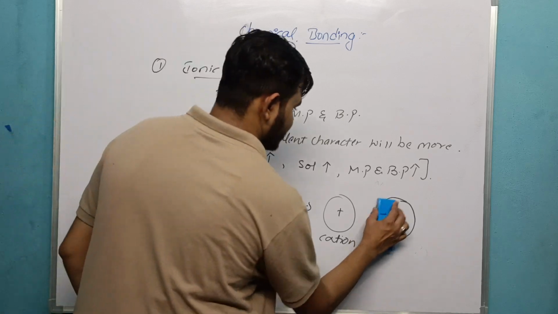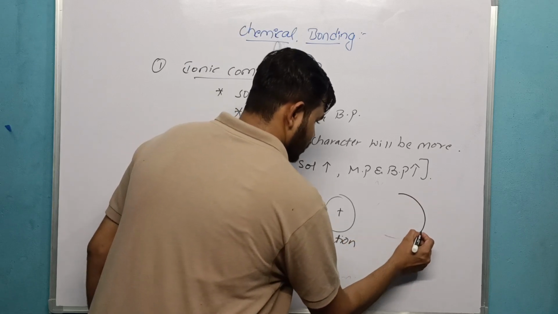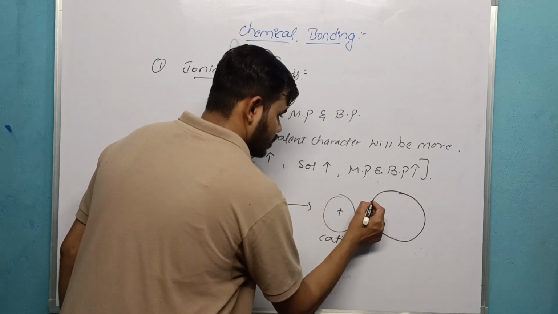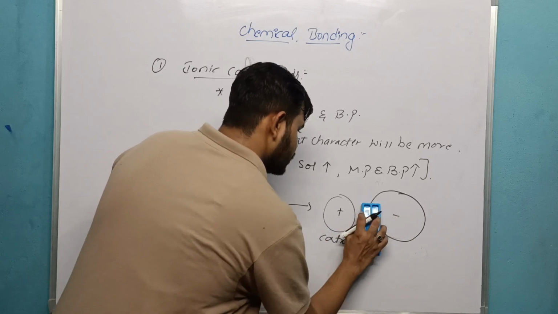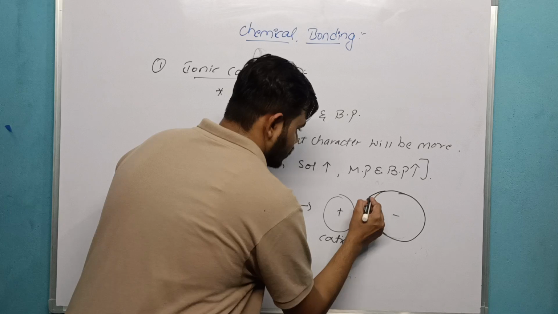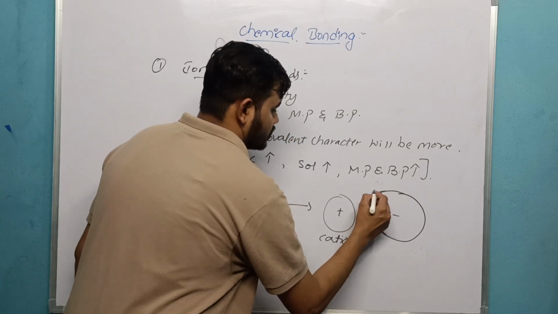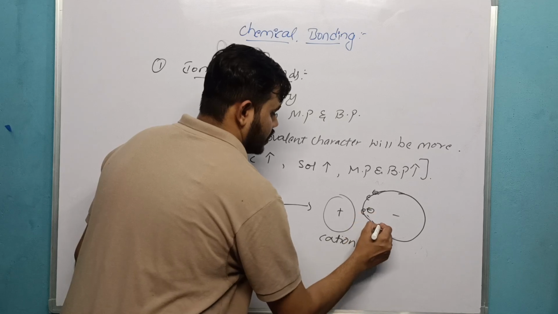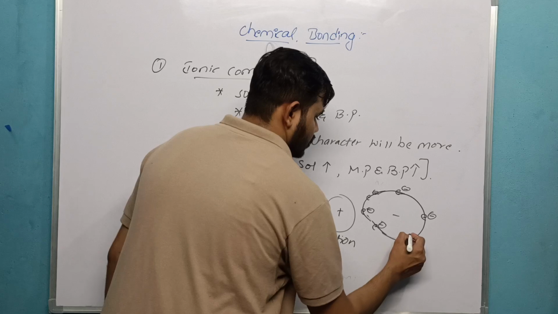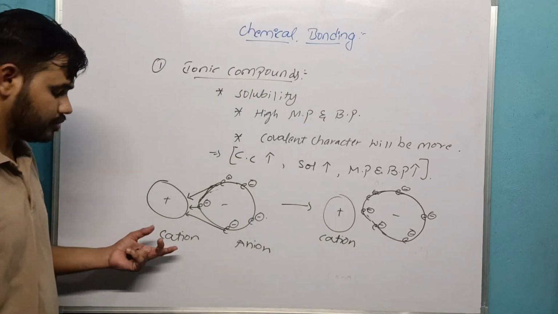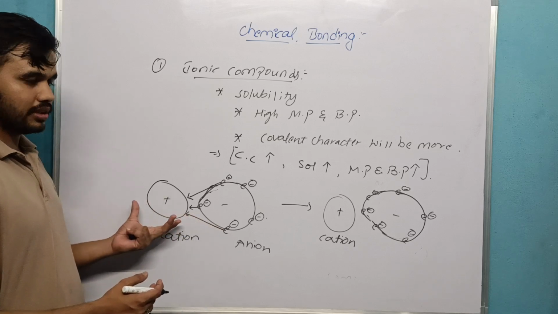It will be changed like this. Here the electrons are near to the cation. The cation is trying to attract the electrons towards itself.